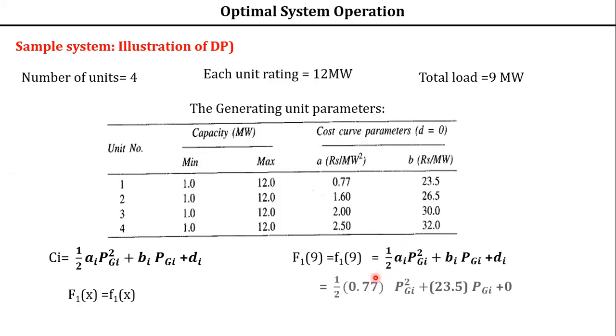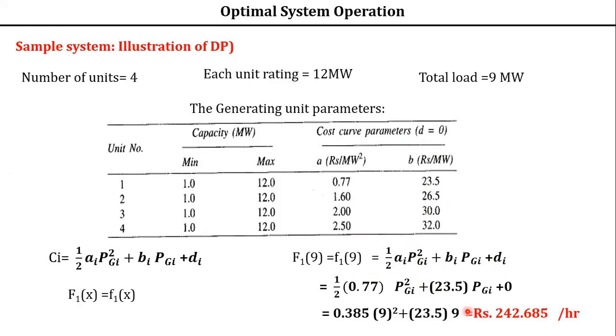When you replace it, you substitute the AI, BI values from here. DI is 0. PGI is this load generation, 9 megawatt. You are going to get 242.685 rupees per hour.